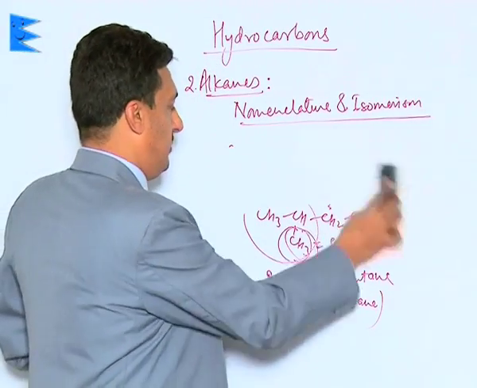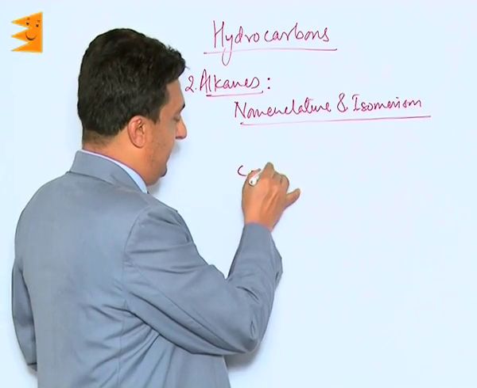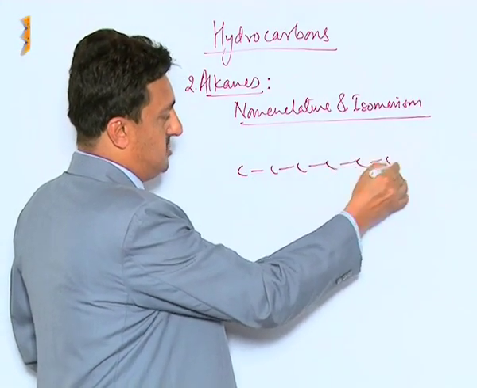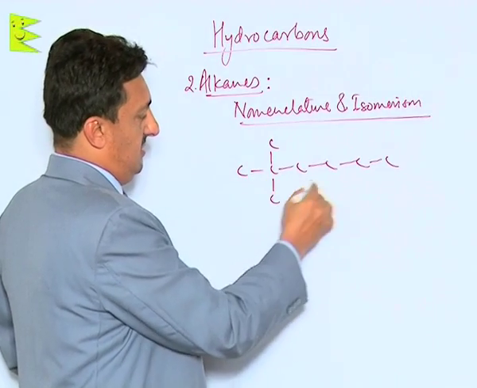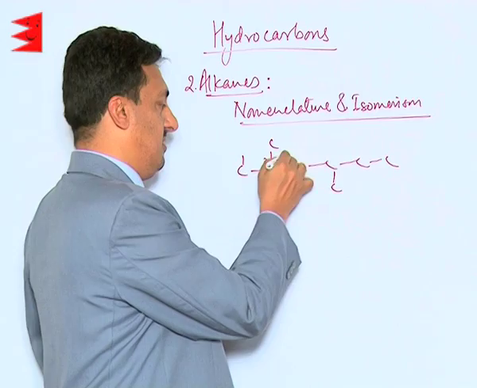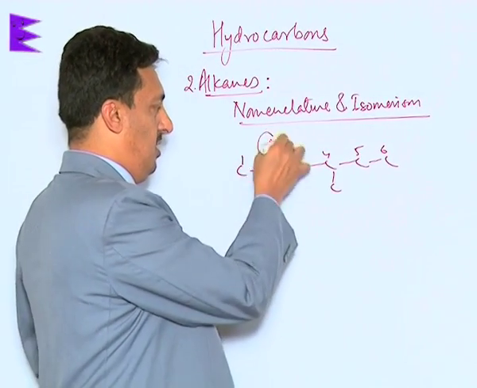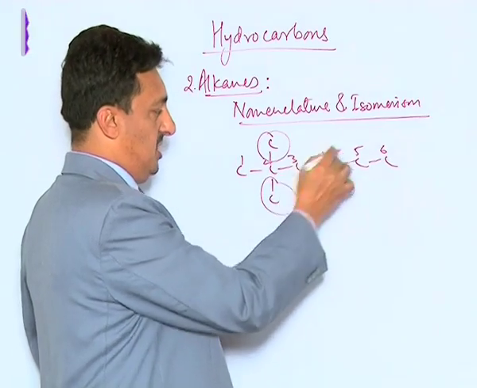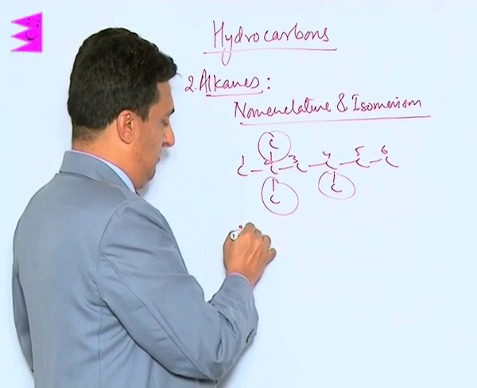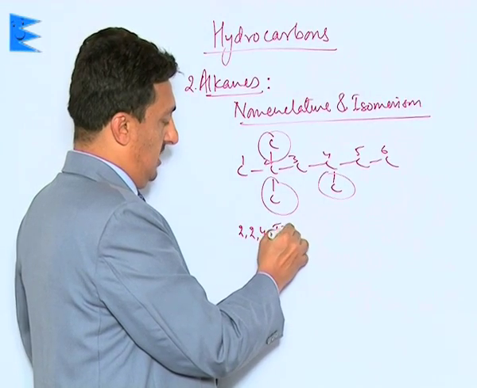Similarly, if we have, suppose, more than one of these side chains, like suppose this is the carbon chain we are having. In this, we will number the carbon chain from the left hand side. Now how many methyls are we having on this chain? 3. So we'll number them 2, 2, 4, trimethyl.